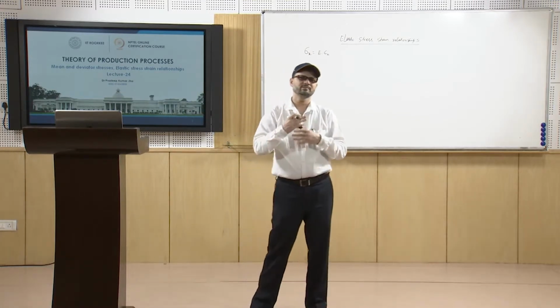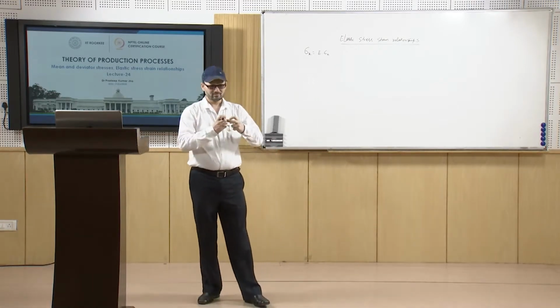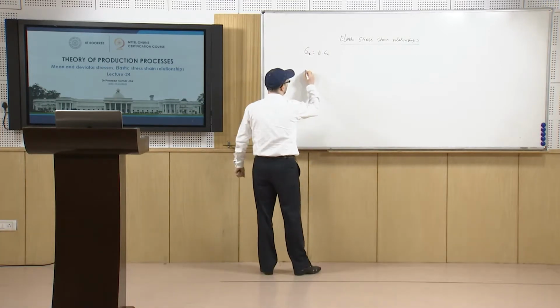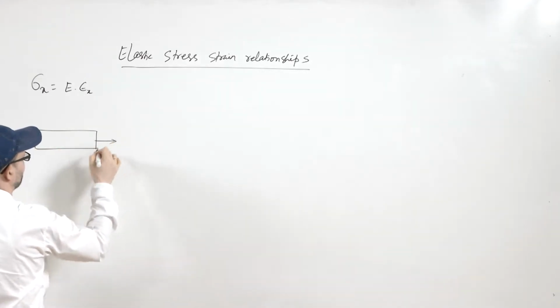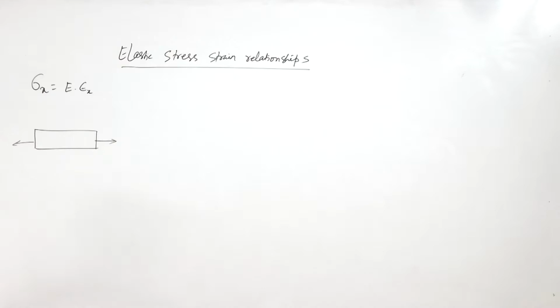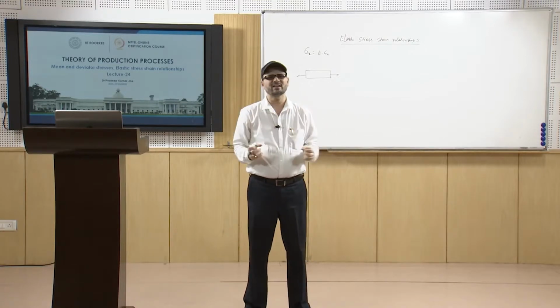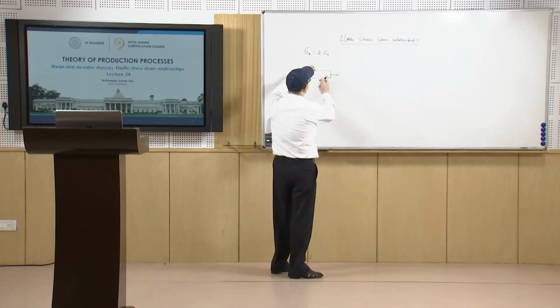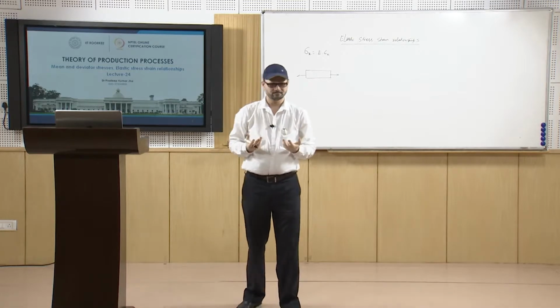If you take the three dimensional picture into mind, if there is tension in the bar in the x direction, and because of that you have longitudinal strain, so the length is increased, then there will be reduction of the dimension in the other two directions, that is y and z.